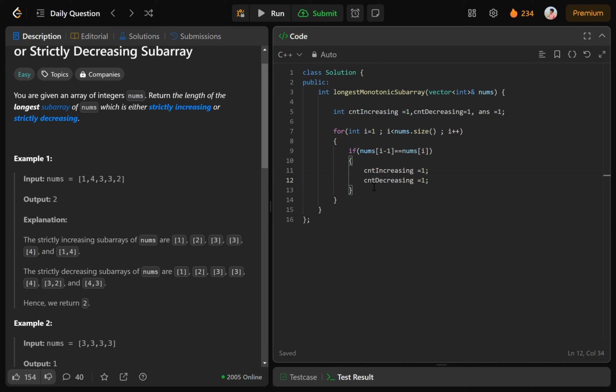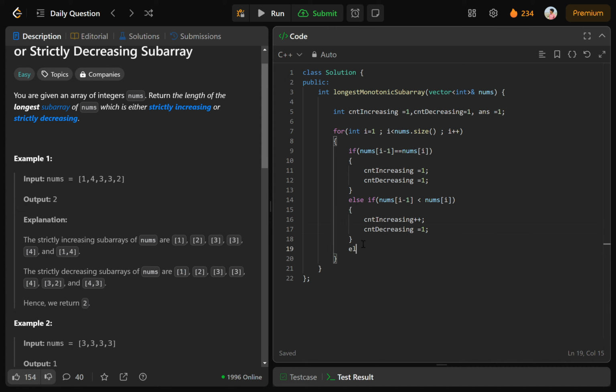Now else if the previous element was smaller, nums of i minus 1 is less than nums of i, that means it is following the property of the increasing subarray. So count increasing will be incremented and count decreasing will be set to 1.